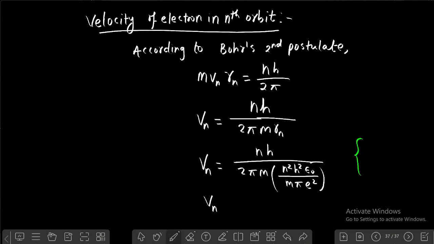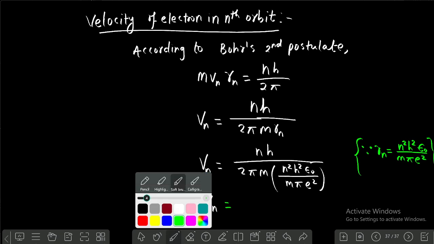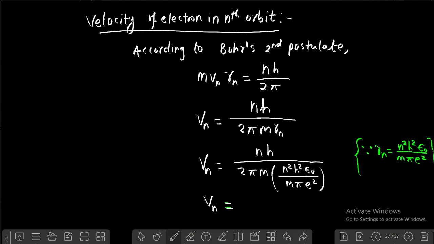You write also what your Rn is: Rn equals n square h square epsilon naught divided by pi m e square. Now listen. I can write vn as 1 by n into e square by 2 h epsilon naught.